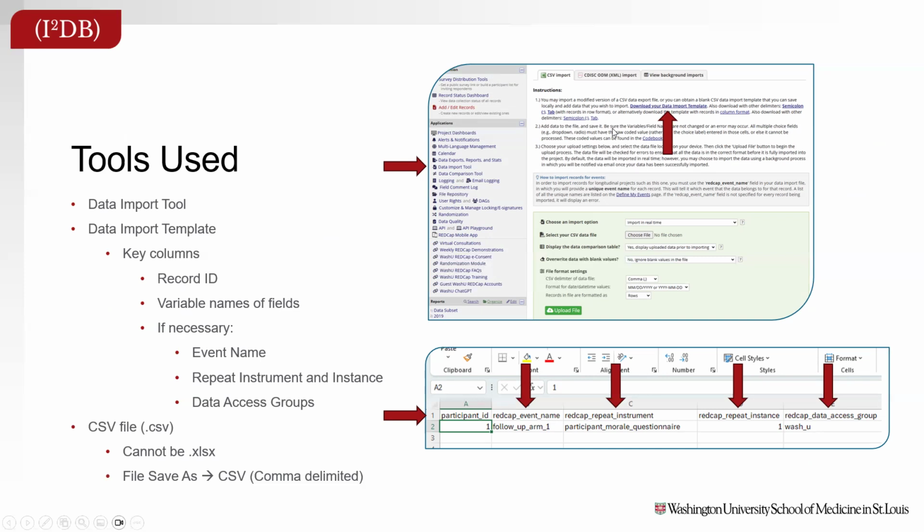The main thing that I do is I always do comma separated. That's just what I am most familiar with, but you can have semicolon or tab separated data import templates. You can also export with the fields as the rows instead of the columns.